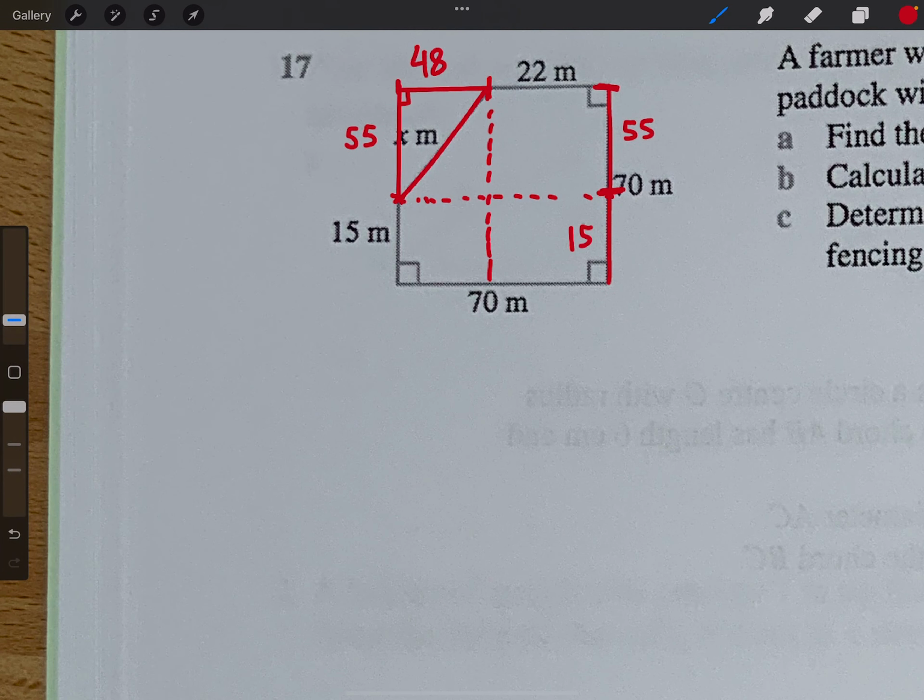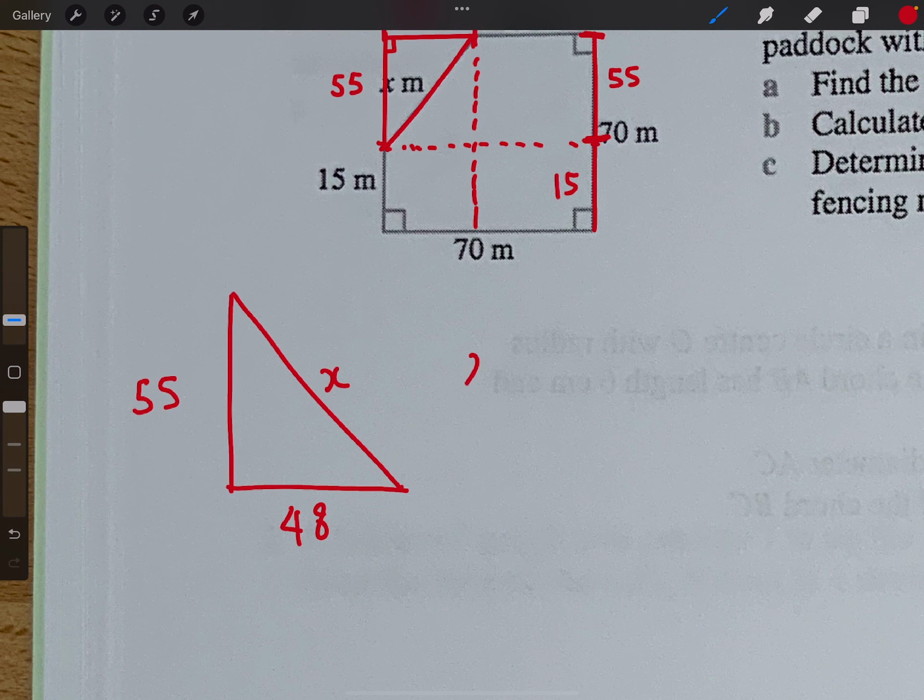So I'm going to flip this triangle upside down for a little bit just to see it a bit easier. We know this is 48 and we know this is 55. Now to find x, I can say x squared is equal to 48 squared plus 55 squared.